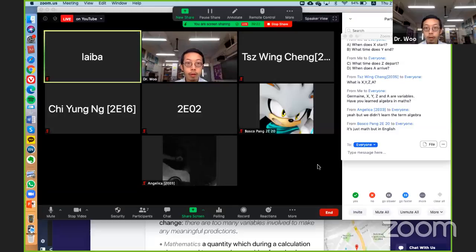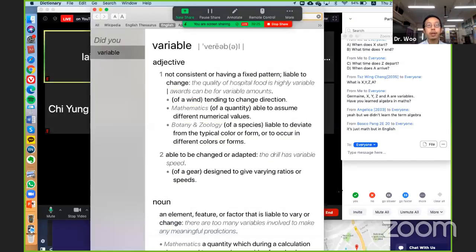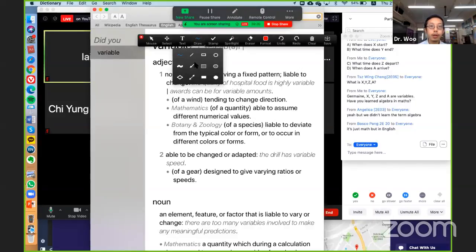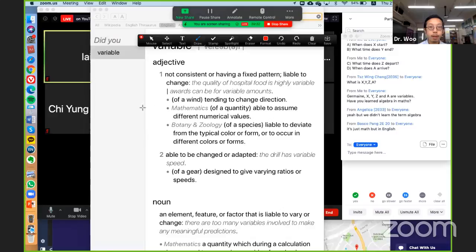So, where's this? Okay. So this is a variable. Now I draw your attention to two things. This definition: able to assume different numerical values.